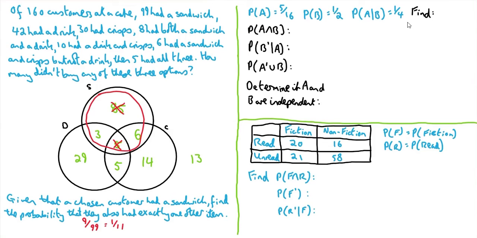Based on this, find the probability of A intersection B, the probability of not B given A, and then the probability of not A union B. And once we have all this, we want to determine if A and B are indeed independent.